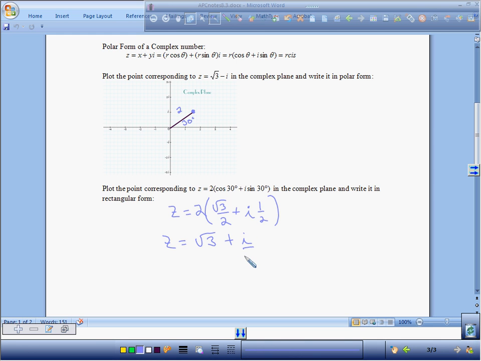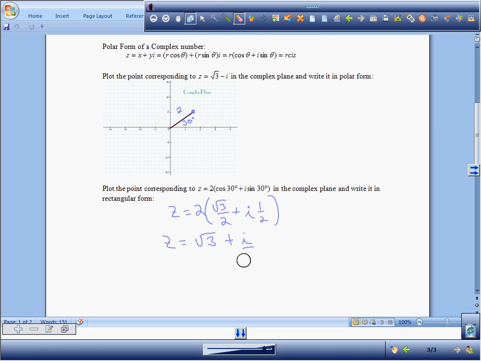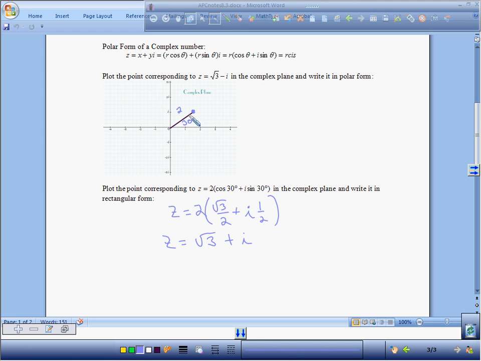And so if I had gone over square root of 3 and up 1, I could have gotten to exactly the same point. See? Just like polar.